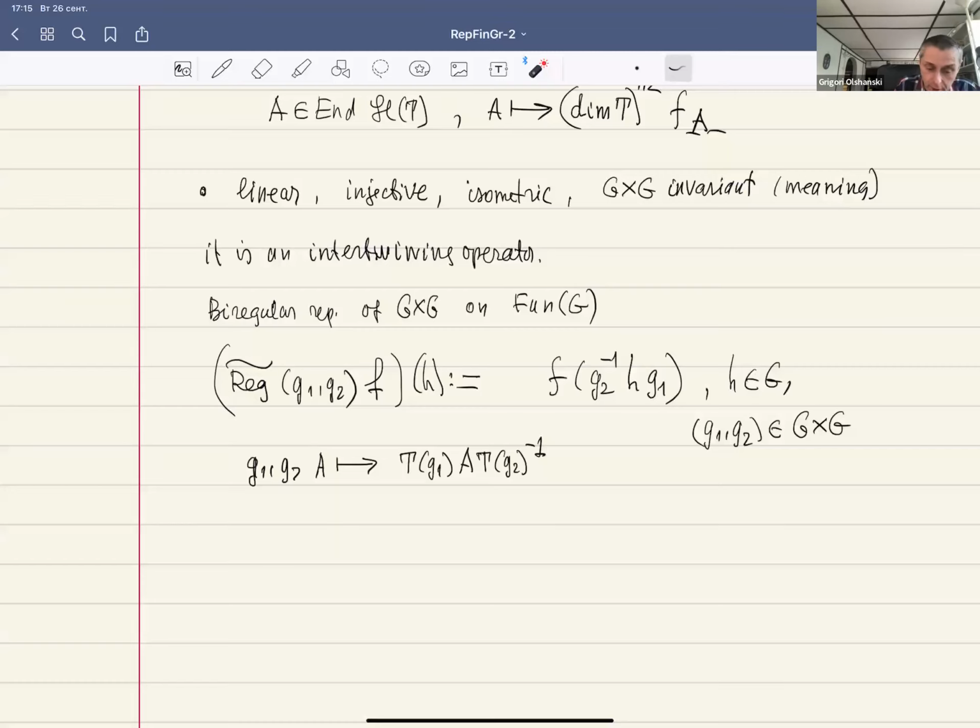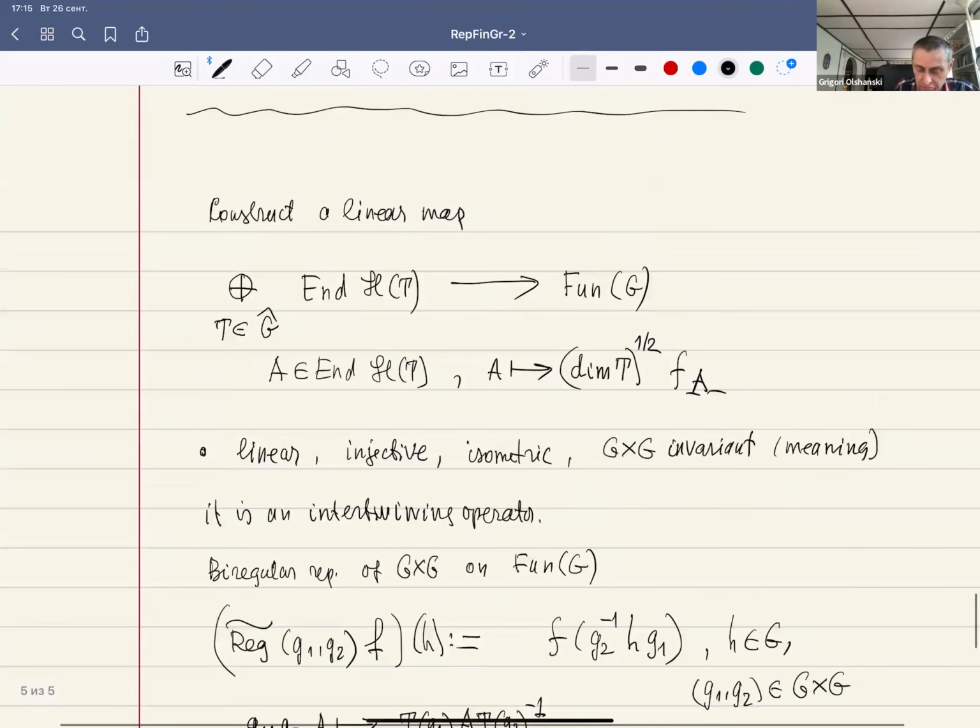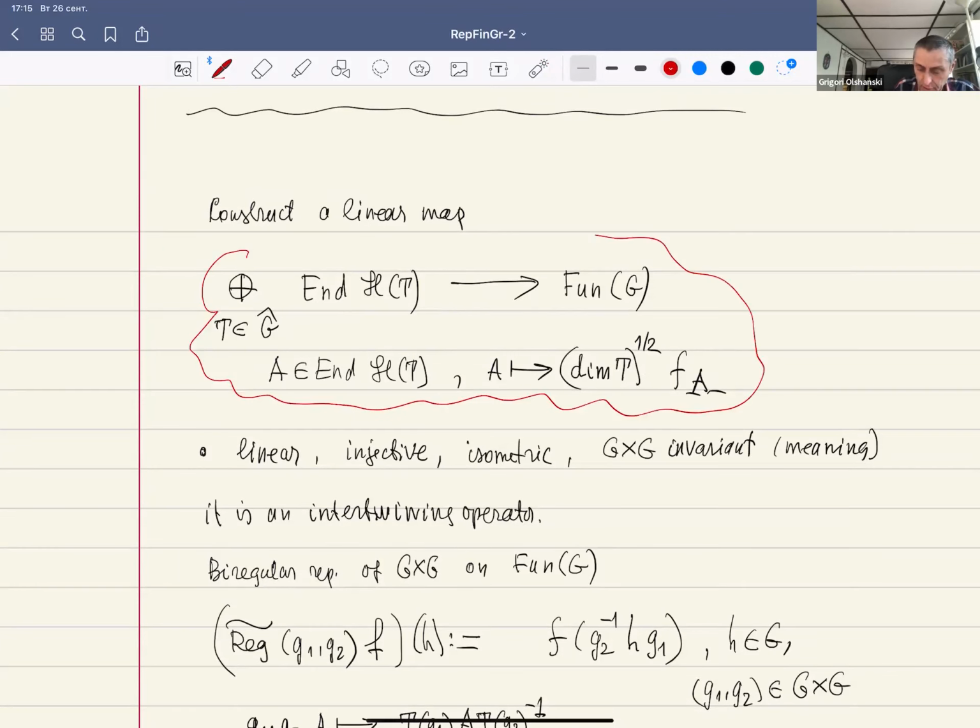But a little bit non-trivial fact is as follows. Lemma. I need some notation for this. I don't want to introduce something, but just denote it by star.